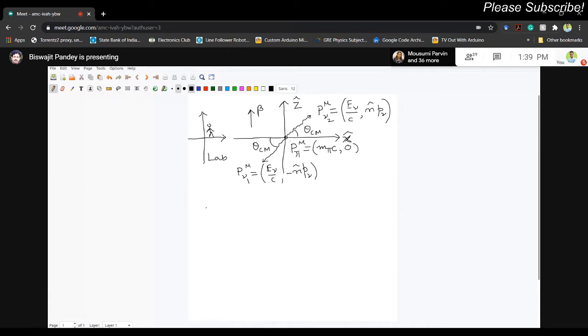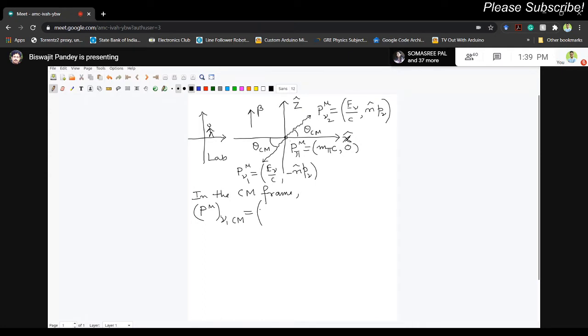So now let us see this. Let me write down the four momentum explicitly in terms of different components. So p mu in the center of momentum frame, the four momentum of the first photon, p mu nu 1 cm, center of momentum.